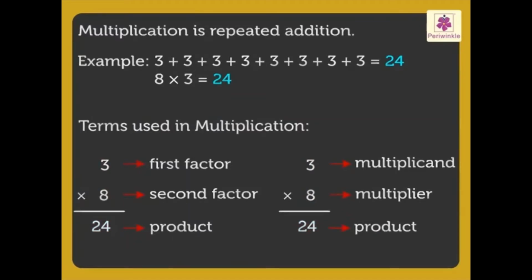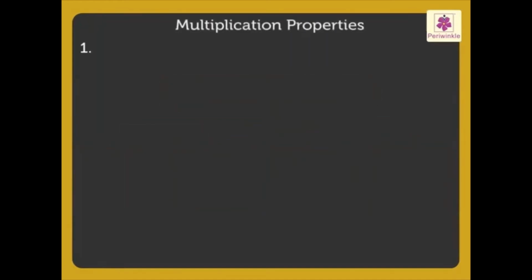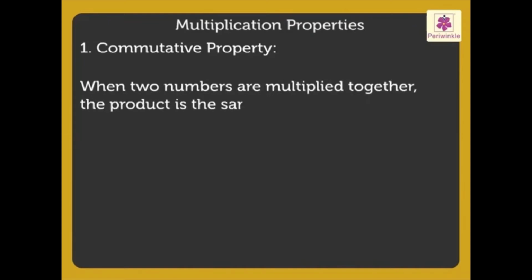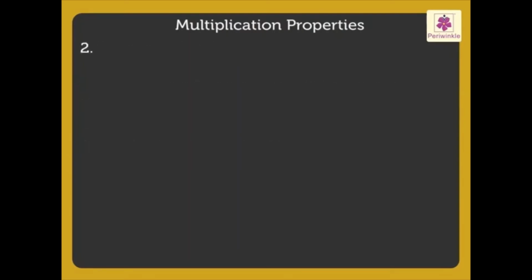Now, let us review the multiplication properties. 1. Commutative property. When two numbers are multiplied together, the product is the same regardless of the order of the factors. For example, 2.